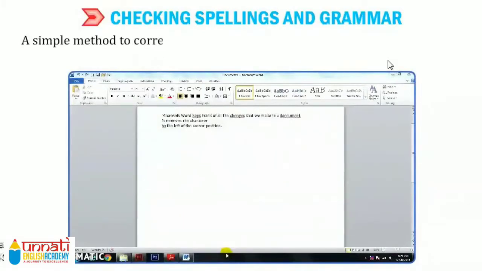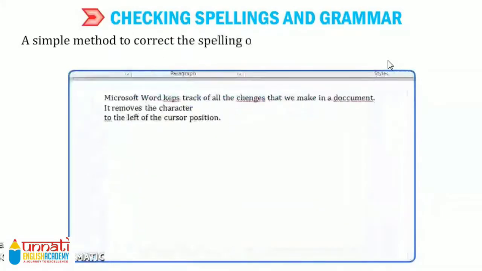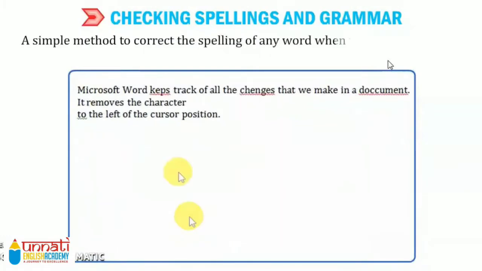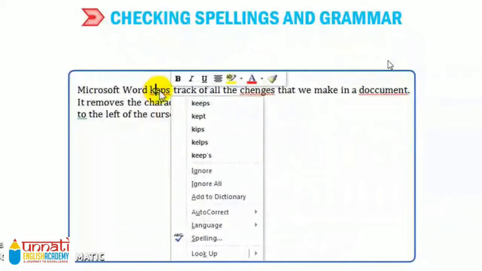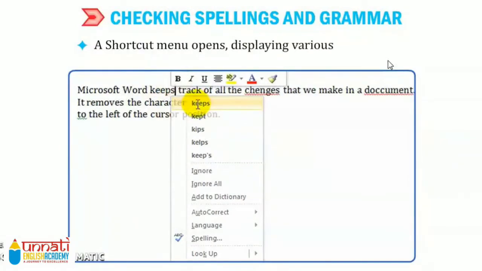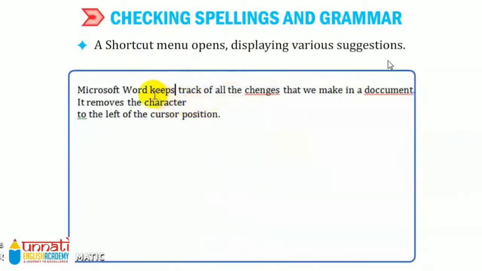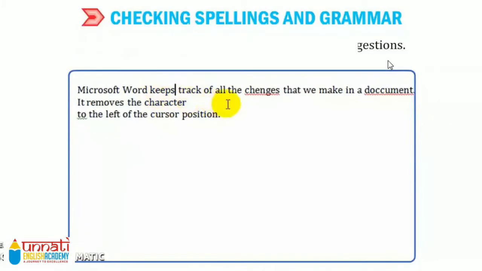A simple method to correct the spelling of any word when the red line appears is as follows. First of all, right click on the word with a red wavy line. A shortcut menu opens as shown in figure, which displays various suggestions.